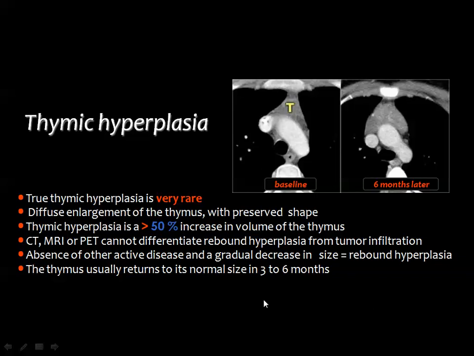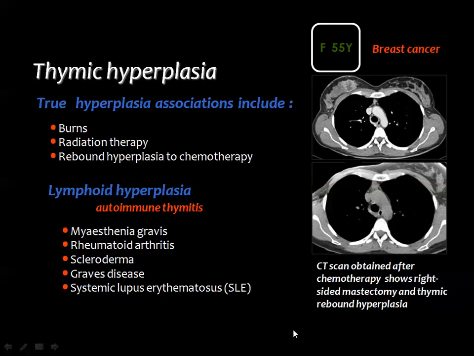Then there is a gradual decrease, if you can see on serial imaging, gradual decrease in size, and this is in favor of rebound hyperplasia, and this regression reaches the normal situation in about 3 to 6 months.